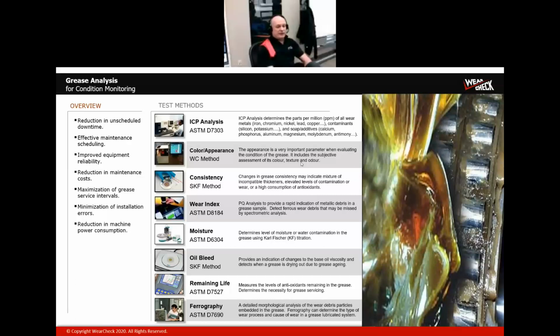So typically the grease samples that we receive have more to do with, hey, I've got a problem with this, I'm losing bearings, or I'm very concerned because this is a very critical piece of equipment and I want to know what the condition is. So as a result of that, we have a test program that's a lot more streamlined and looks very similar to what we would do for condition monitoring of oil samples.